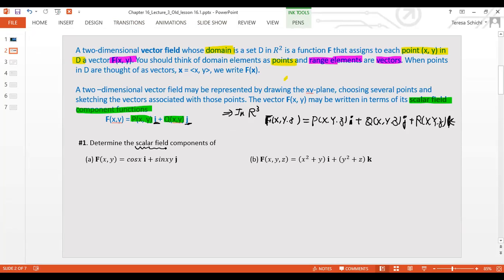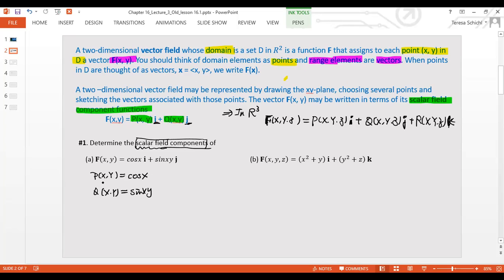First, we want to get familiar with what scalar field components are. For the i component, P(x, y) is cosine of xy, and Q(x, y) is sine of xy.